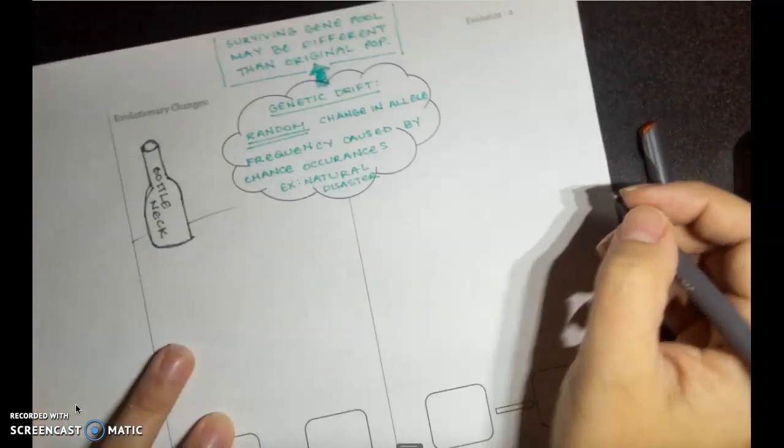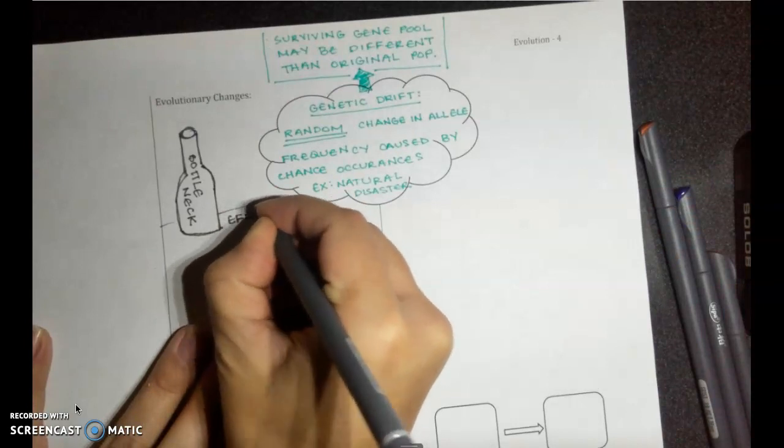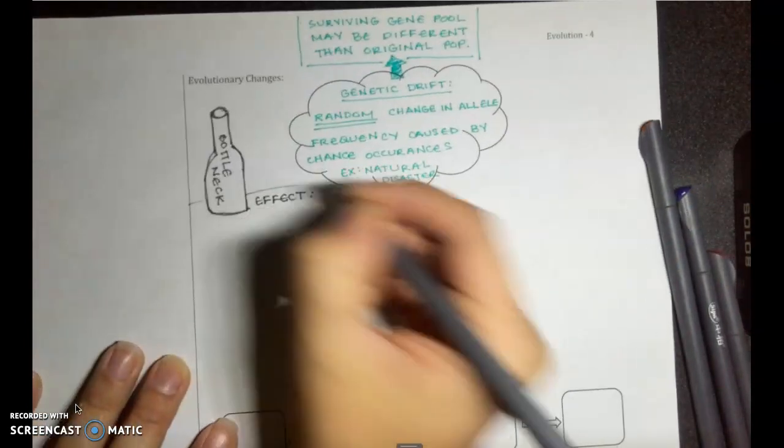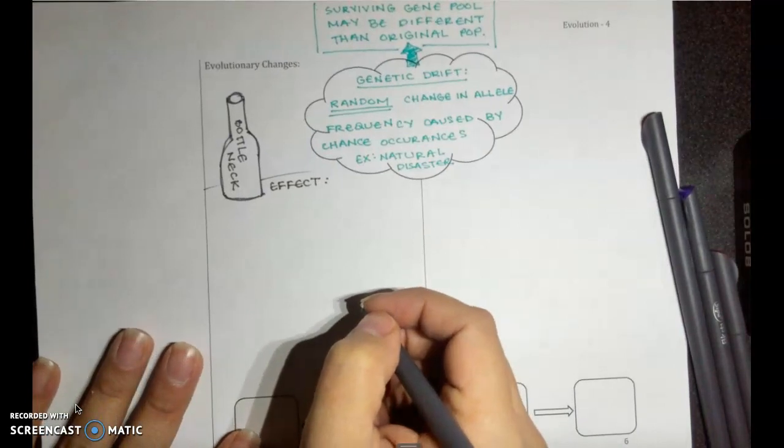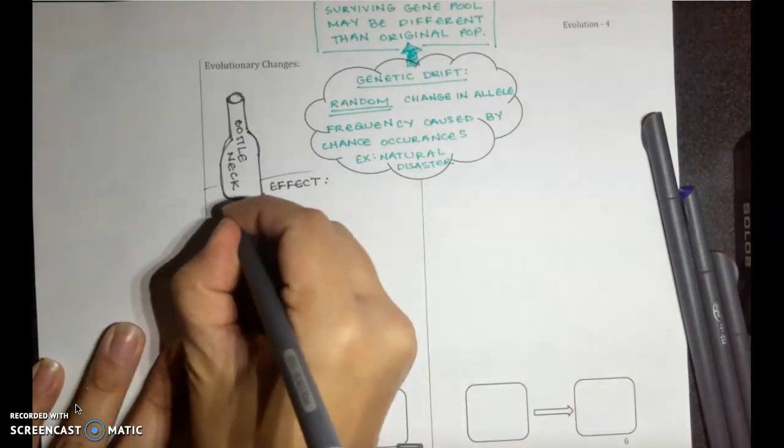So when we look at the bottleneck effect, it's a change in allele frequency following drastic reduction in population size.